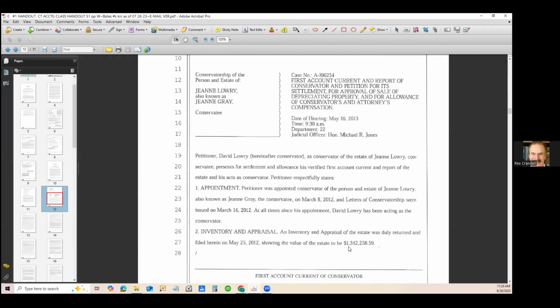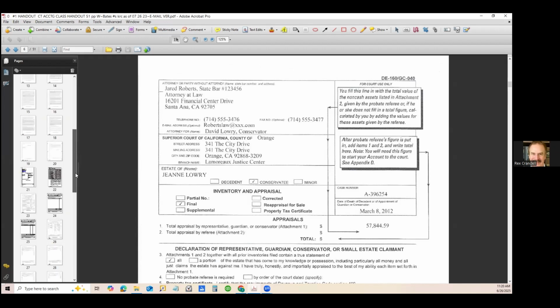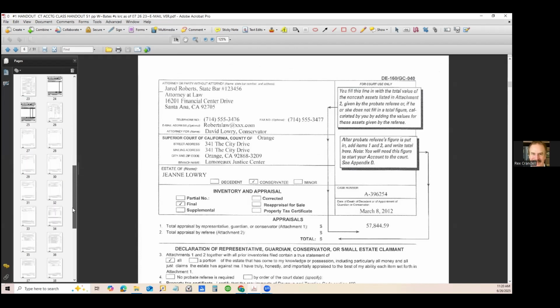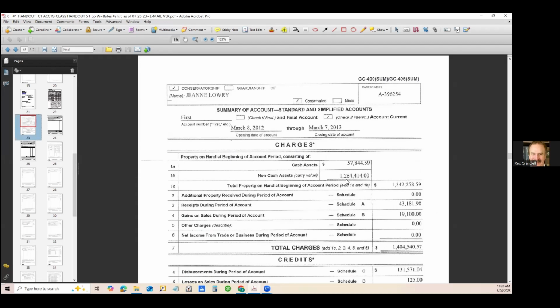One thing that a probate examiner will do is they will immediately go back to the inventory and appraisal, verify here, and then if I look at, I'm gonna go to my accounting, give me 1 second, IGC 400, they're gonna look here and that number better be exactly the same here.